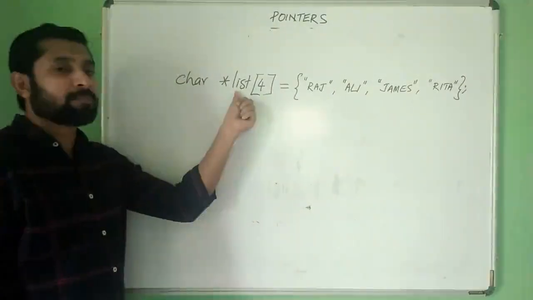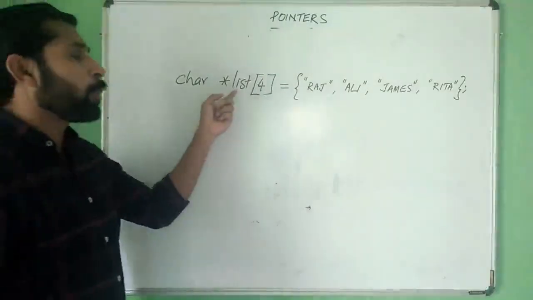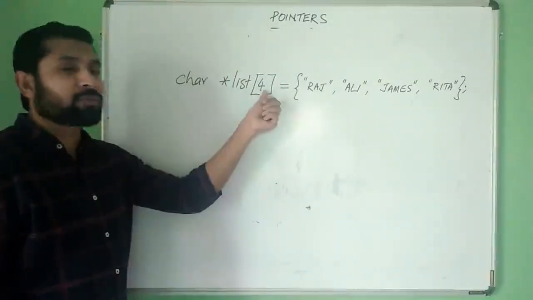So *list[4] is a pointer array having size 4.